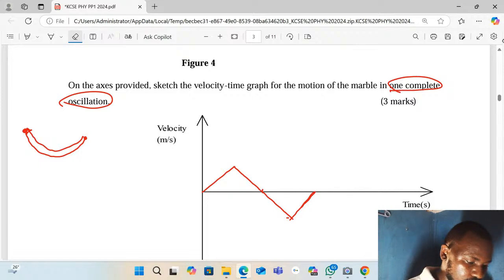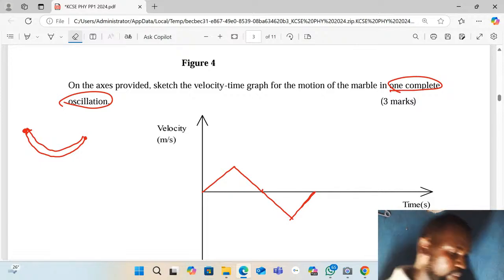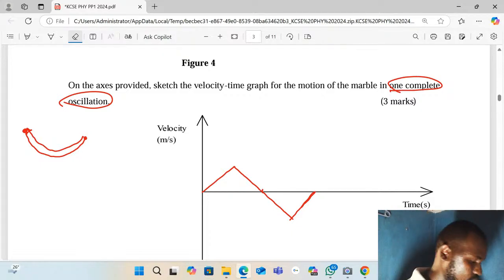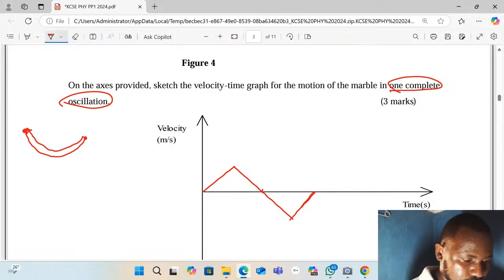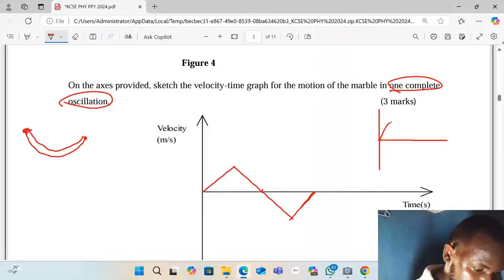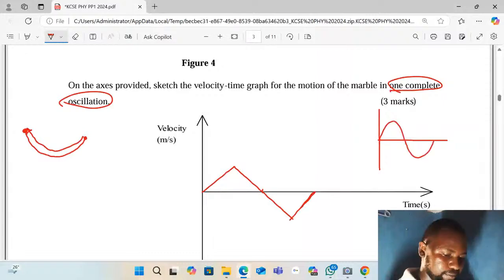Now you have understood the reason why I drew some dotted lines there is to make sure that we have equal amplitudes. Or else, you can use the normal one, the one that we are used to from the books. Like that. That is a complete oscillation.